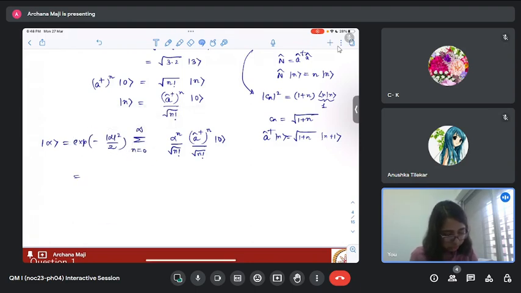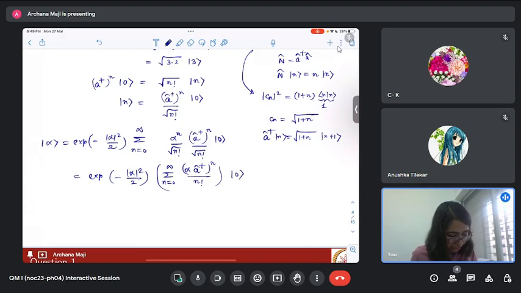Now what is this entire thing? This is again another exponential, so let me write it in a better way so that you can understand. It's the sum from n equals 0 to infinity of (alpha a dagger) to the power n divided by n factorial on vacuum.